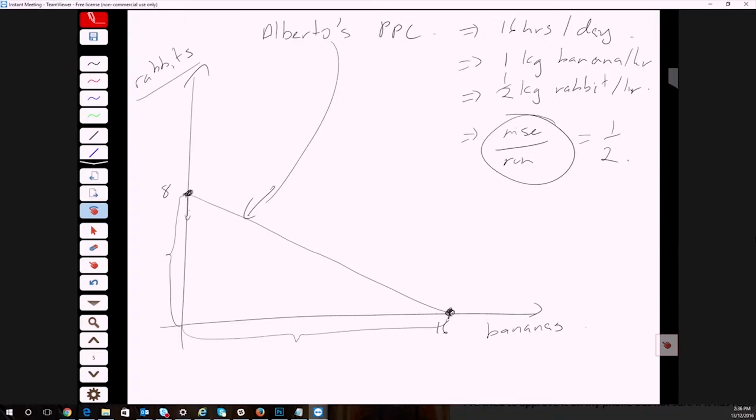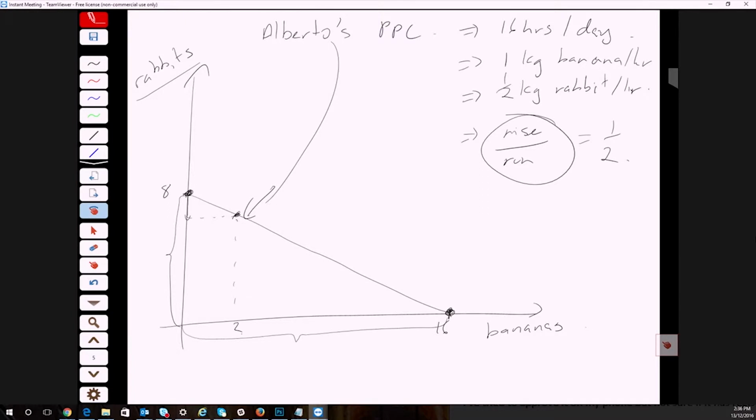If you think about it, what this actually means is if I were to reduce, for example, my production of rabbits by 1 unit, then to remain on that slope, I would have to sacrifice 2 units of bananas.